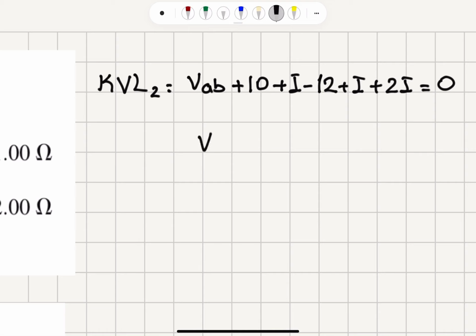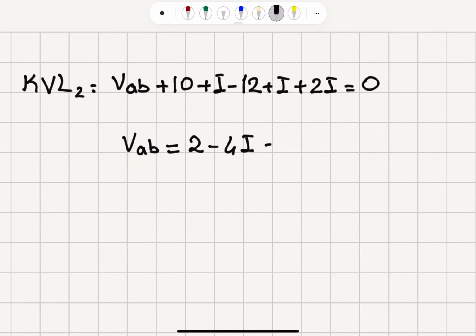So from this I obtain the potential of A with respect to B is 3I plus I is 4I, 4I minus 2 here. If I take it to the right hand side, it is 2 minus 4I for the potential of A with respect to B.